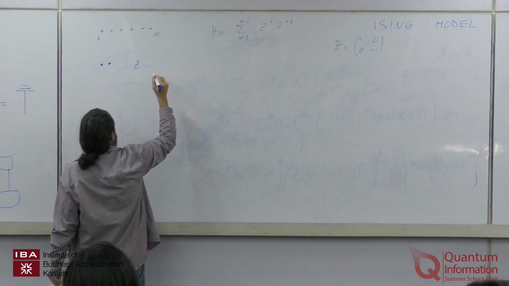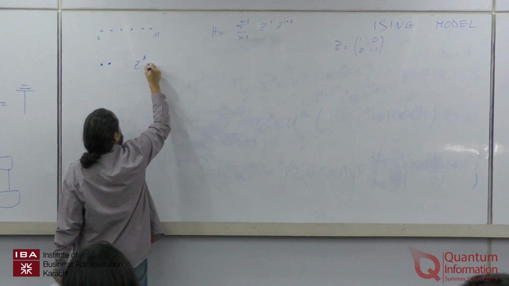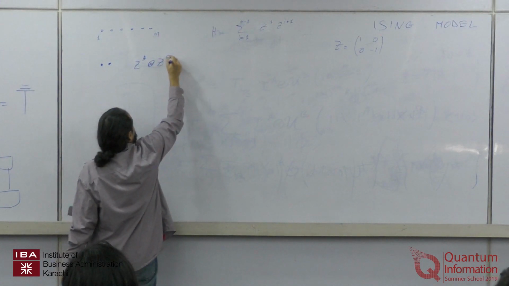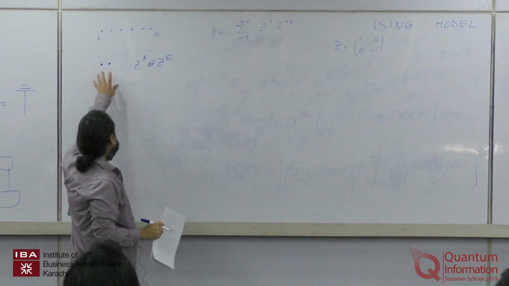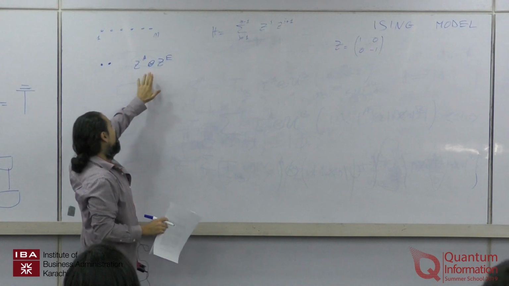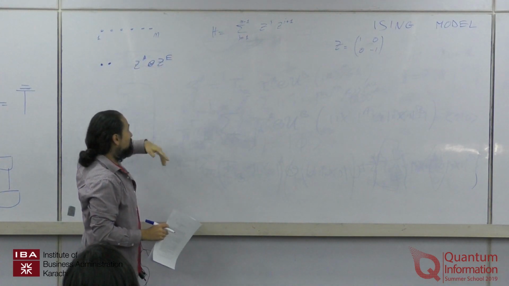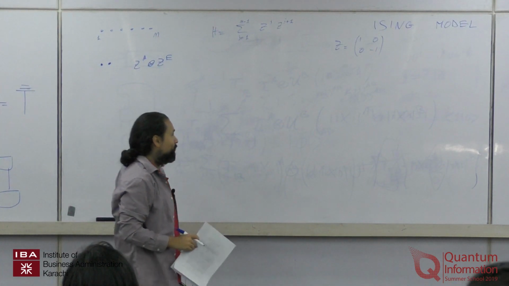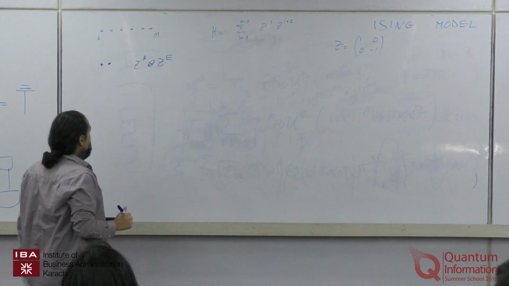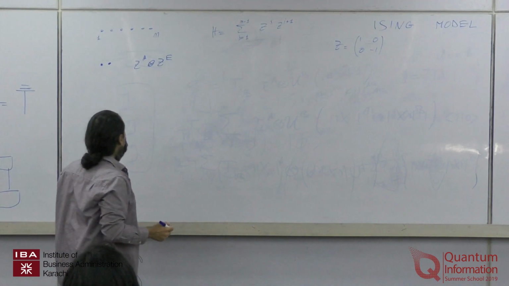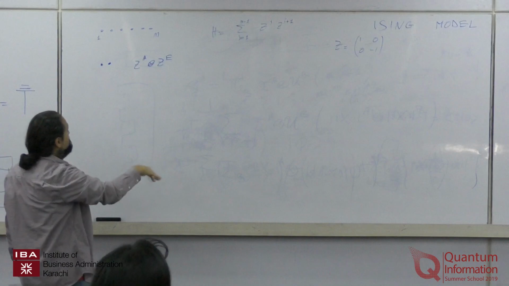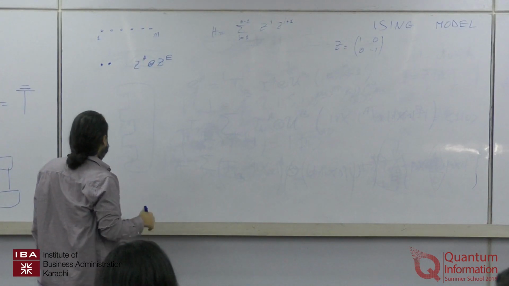Let's call them Z_A and Z_E. So this will be 1 and 2. I relabel them A and E because I will use the numbers 1 and 2 for something else in a second. The idea here is that we have this chain of systems that interact with this Hamiltonian.